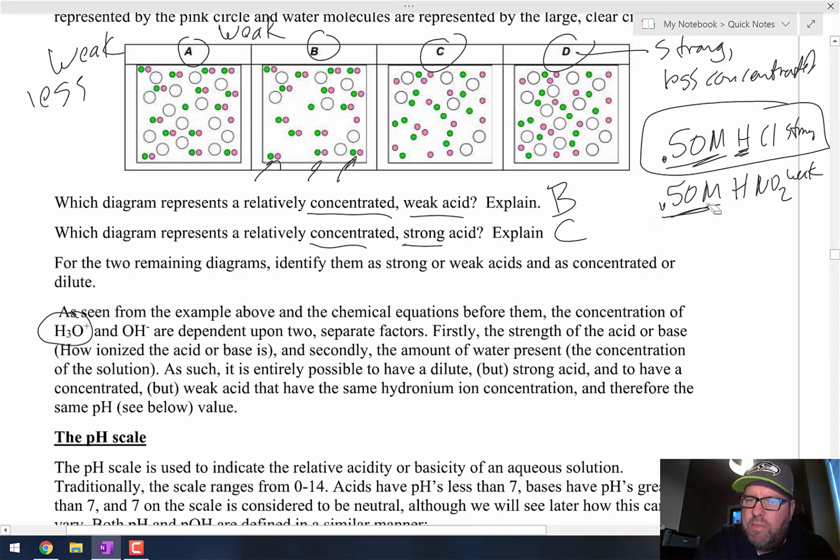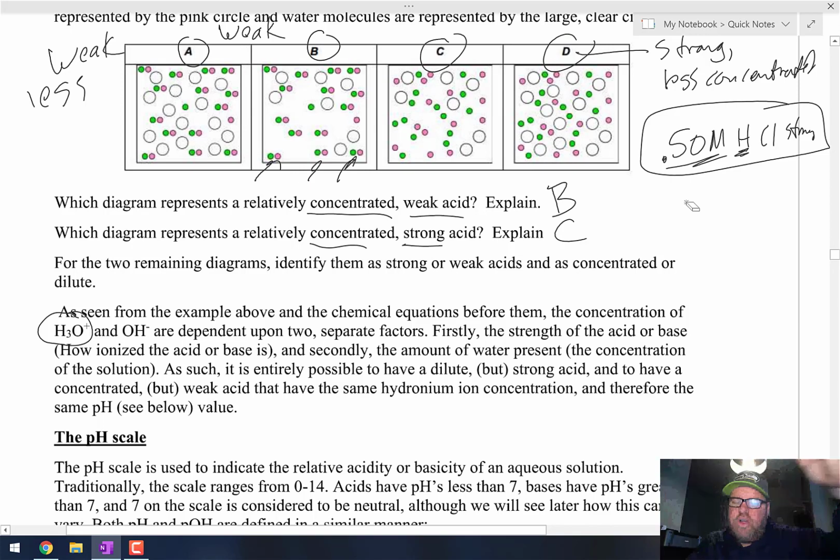Okay, and if you think about it, let's say we had 0.75 molar HNO2. Now do they have the same number of hydrogen ions? I doubt it, because again, without knowing the equilibrium constant for HNO2, I don't know. But all I know is you would have to have a way, way, way bigger concentration of HNO2 in order to get the same number of hydrogen ions. Because again, every single one of these hydrogens are going to become H+.